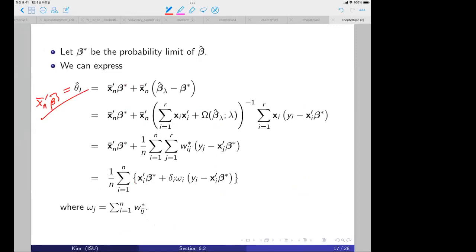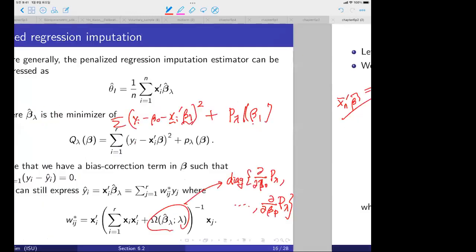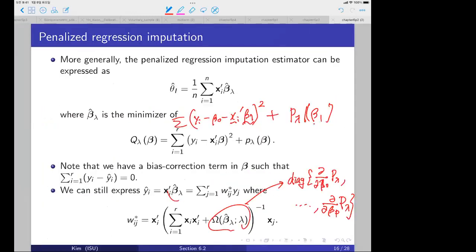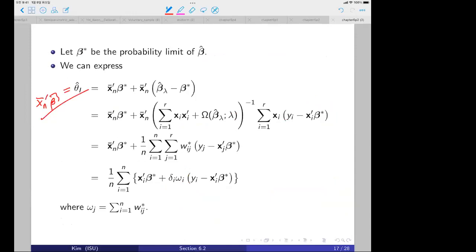So we can first add beta star and subtract. Okay, that's no problem. First line is no problem. Second one, we know the form. We have a closed form of the beta hat lambda, right? So we have a closed form, so we can write it, which is this one.